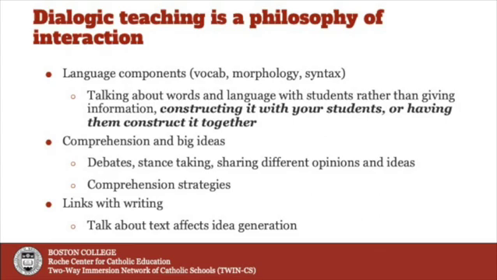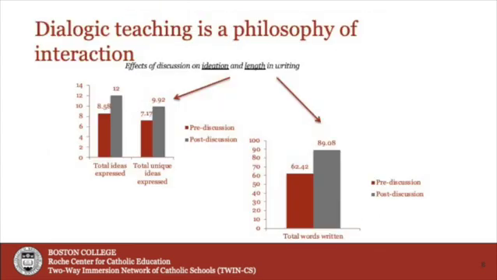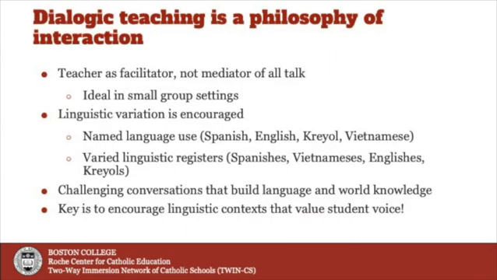That is, having the students choose it. Research has shown that when this dialogic teaching is implemented, there's an increase in not only comprehension, but also ideas expressed and articulation.